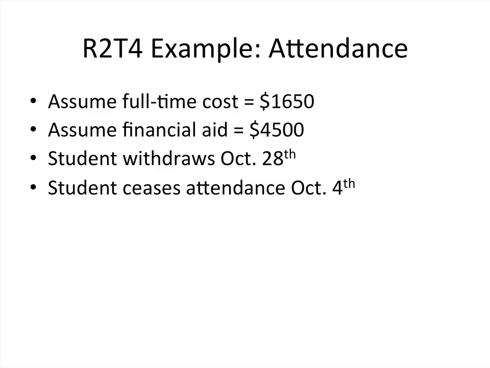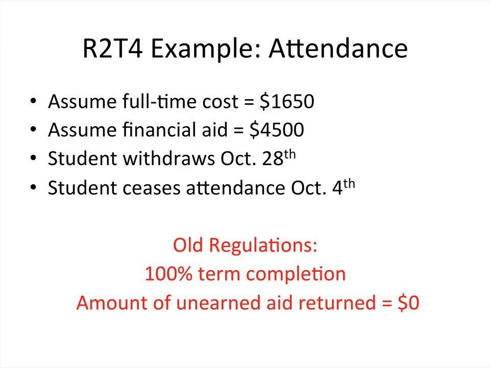So to give you an example, if we have a student that is full-time, so the cost of tuition is $1,650, they have financial aid of $4,500, which is a mix of Pell Grants and loans, and the student officially withdraws from all their courses on October 28th, but the student ceases attendance on October 4th, then how much is returned?